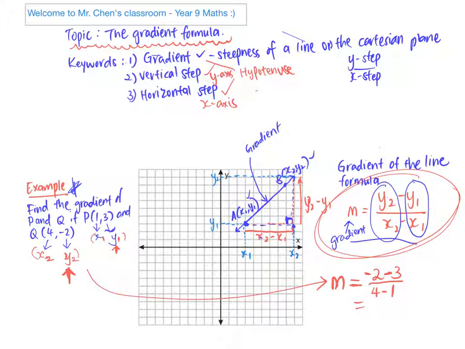So -2 minus 3 gives you -5, and 4 minus 1 is 3.